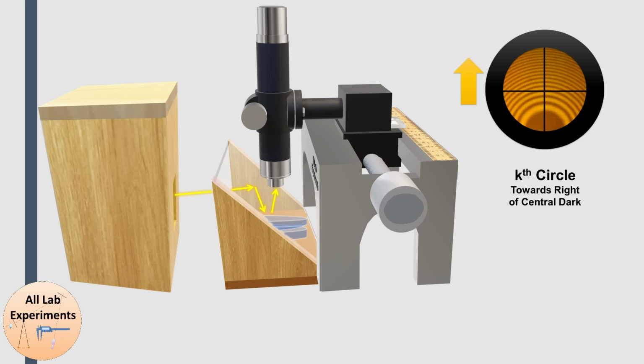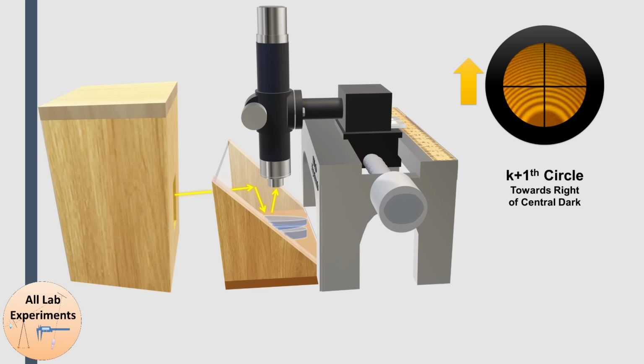So you can note down its position. If you look at this perspective, you are moving towards the right of the central dark. That's why I have named it as kth circle towards right of central dark. Now move your cross wire to the next dark, and this is the k plus 1th circle.